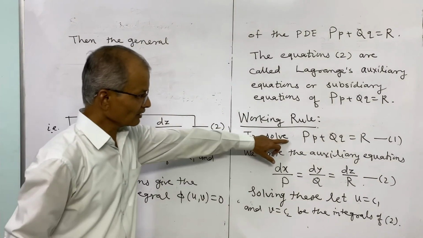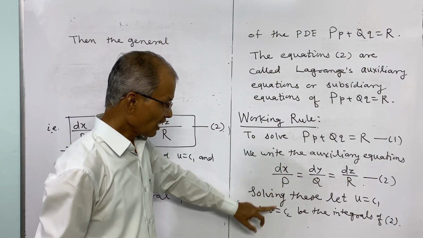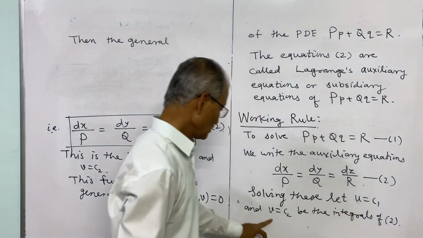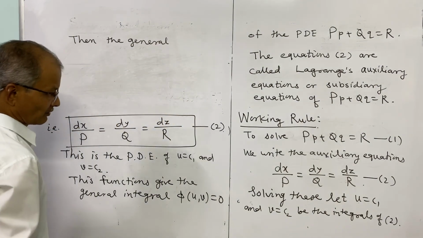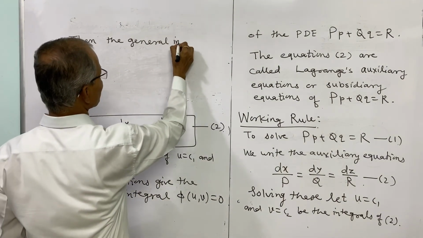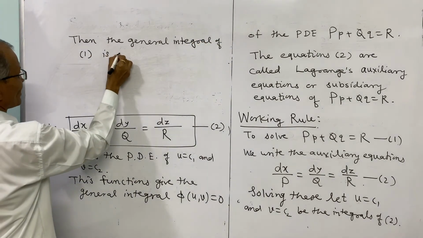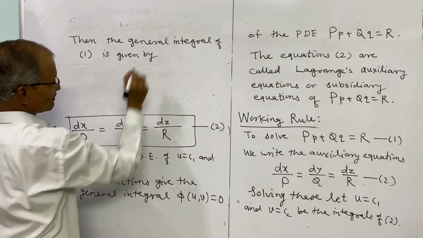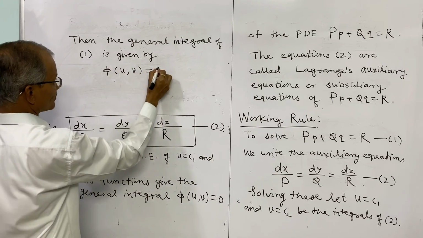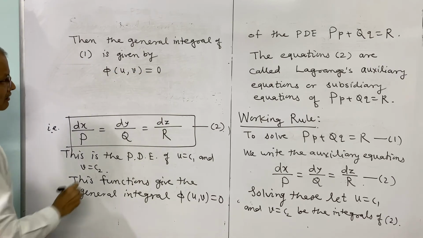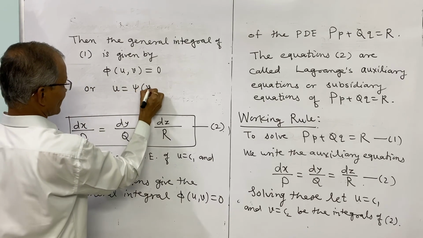We have this original equation, and from this original equation we write the auxiliary equation and solve it, and after solving this we will get these two integrals, u = c1 and v = c2, the integrals of 2, and then the general integral of 1 is given by phi of u and v = 0, or that can be written as u is a function of v.